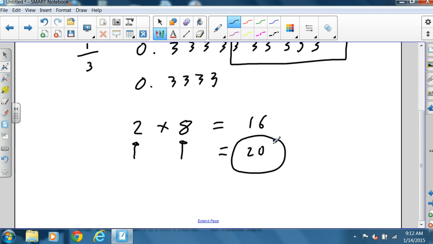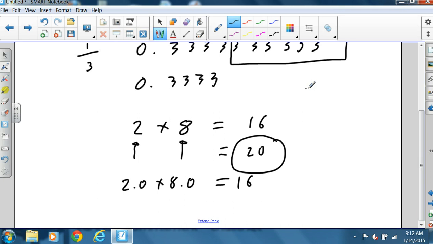So if I want 16, I should have said 2.0 times 8.0. Now I have 2 significant digits, and now I can have 16. Oh well, I wrote down the right answer; I said the wrong one. So when it comes to problems that deal with measurement, I have to think about the significant digits I have.